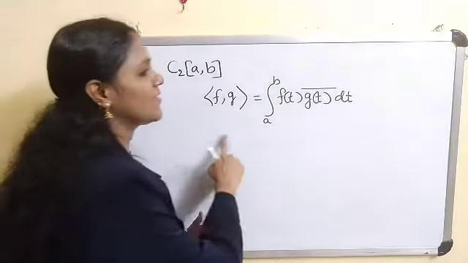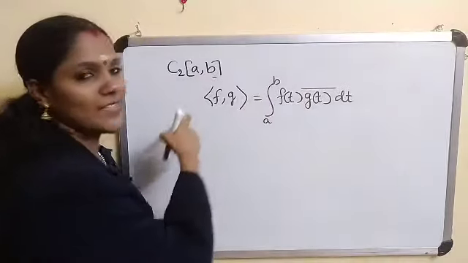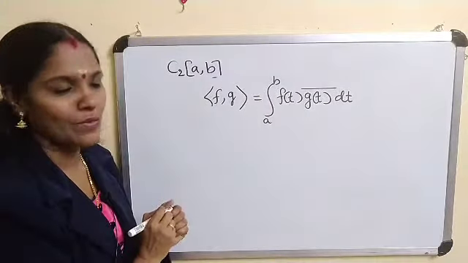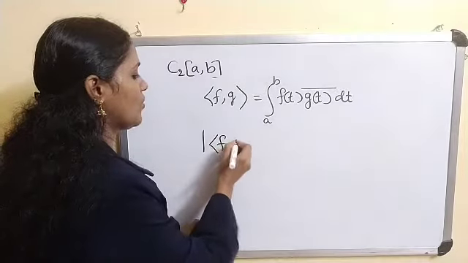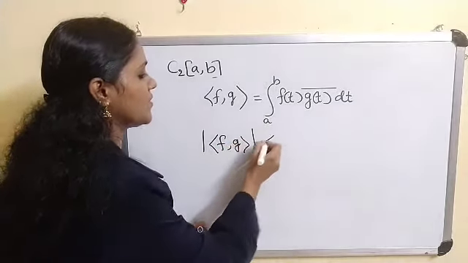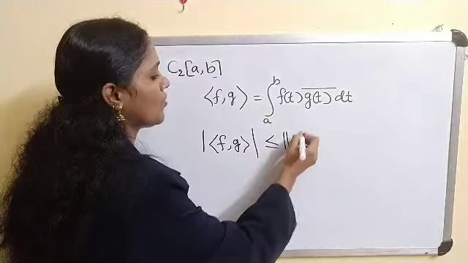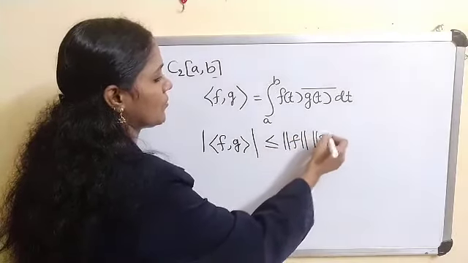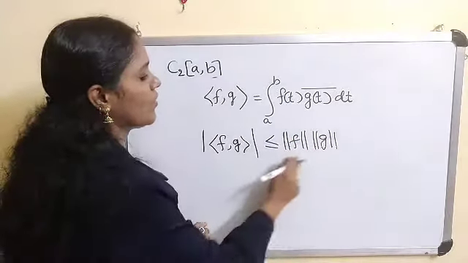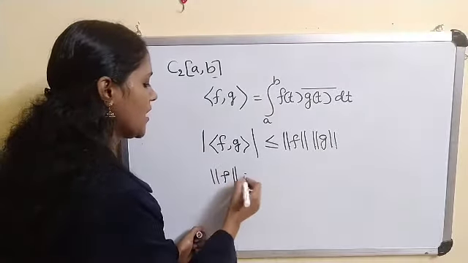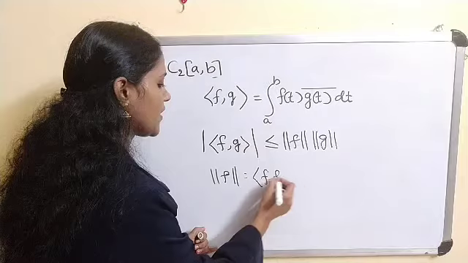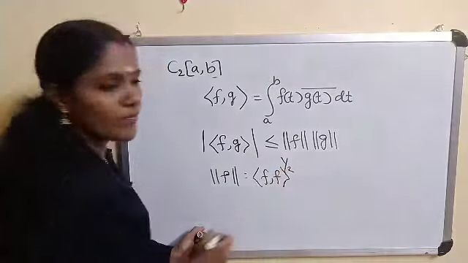I think this we have already discussed in our linear algebra. Here we will see the modulus of the inner product of f and g is less than or equal to norm of f into norm of g. Norm of f we will discuss later. Norm of f means the inner product of f comma f, whole raised to 1 by 2.